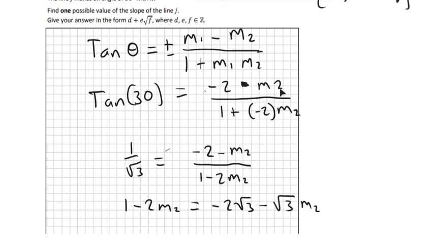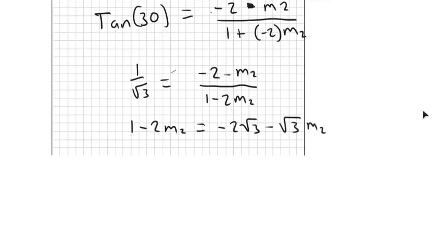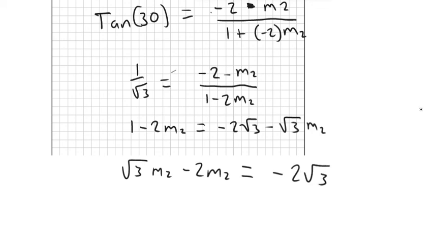Let's just move over all the m2's to the left hand side then. So I'm going to move over the minus root 3 m2, so that will just be root 3 m2 and then minus 2 m2. I'm just keeping it that side, and I'm moving across the positive 1, from the left hand side over to the right hand side, so I get -2 root 3 minus 1.